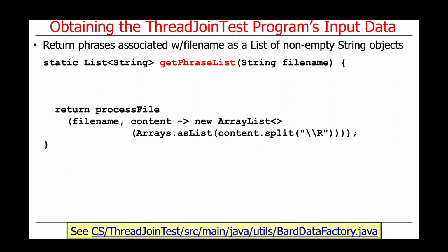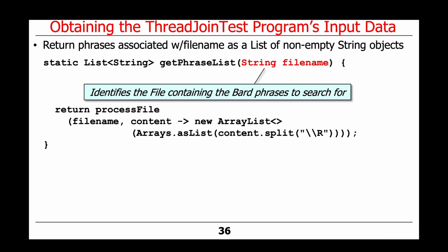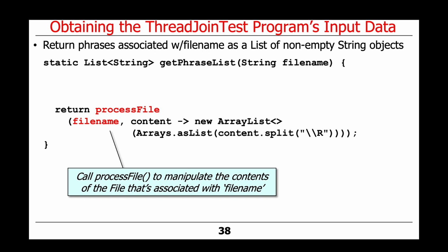The last method implementation in the BardDataFactory that we'll walk through is the getPhraseList method, which returns phrases associated with a file name as a list of non-empty string objects. The file name parameter passed to this method identifies the file containing the Bard phrases to search for. As with the getInput method implementation we just looked at, getPhraseList also calls the processFile helper method.